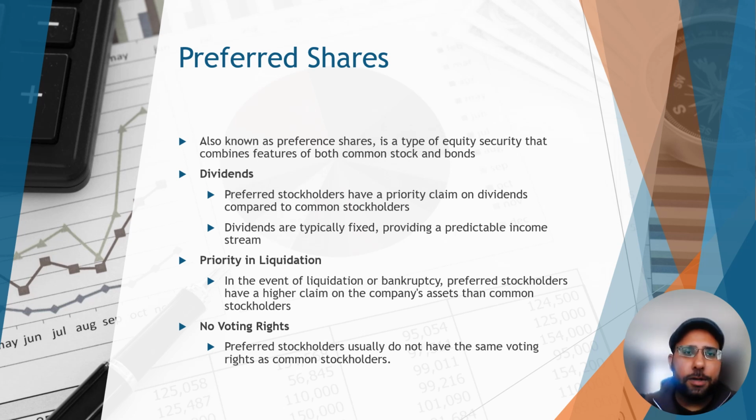Now, one of the key characteristics of preference shares is going to be the dividend element, the fixed dividend element to be more precise. Preference shares will come with a set dividend. It will be a specified amount, a percentage per year or semi-annually, and that's one of the key characteristics for investors.